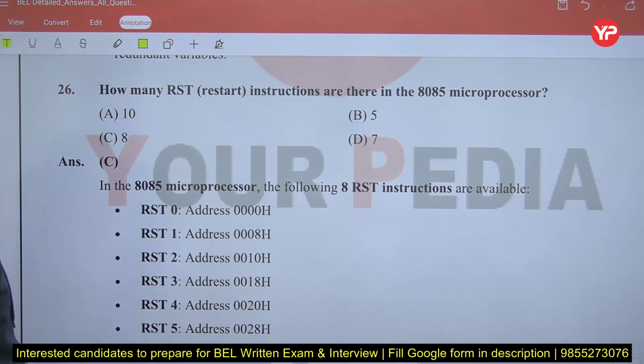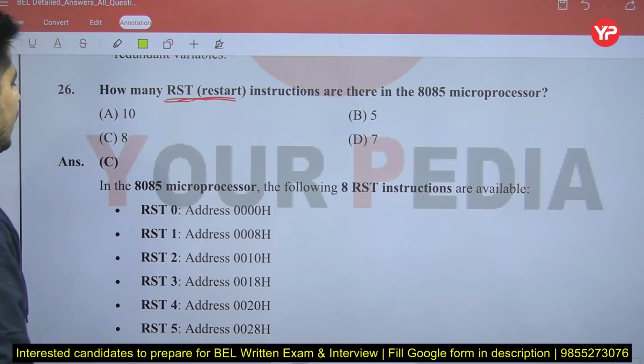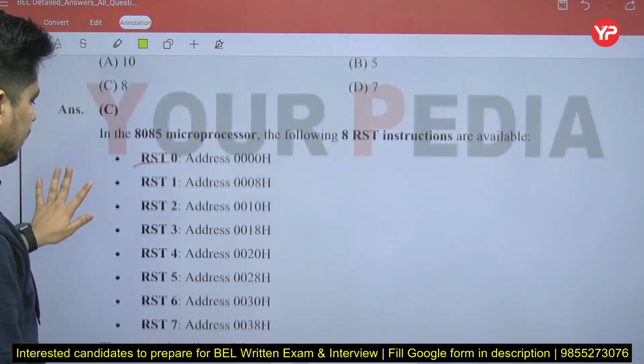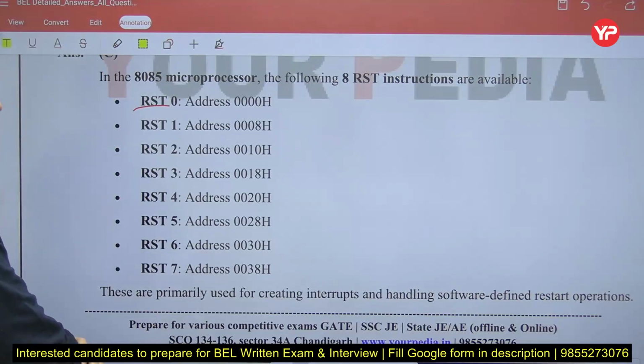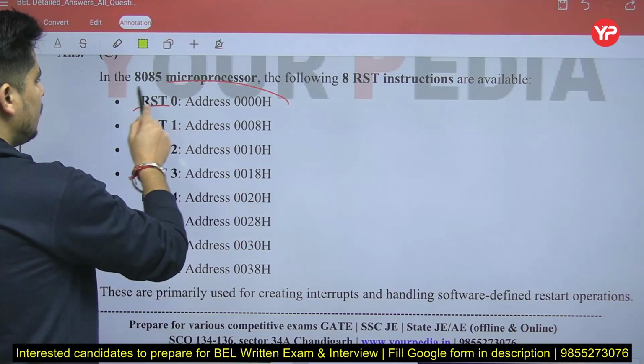Now, if we are talking about the 8085 restart instructions, there are 8 restarts, RST 0 to RST 7. These are software-defined interrupt handling capabilities, and they have their corresponding addresses.